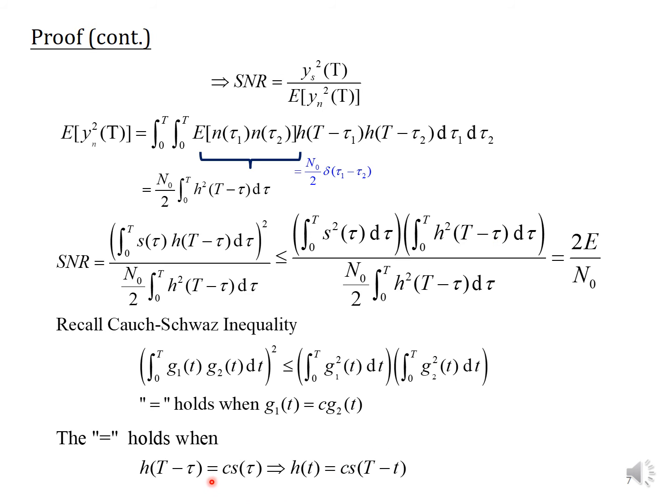That is when h(t) equals the matched filter of s(t), then we have the maximum SNR. So we conclude that using the matched filter of the correlation demodulator will maximize the SNR at the input of the detector.